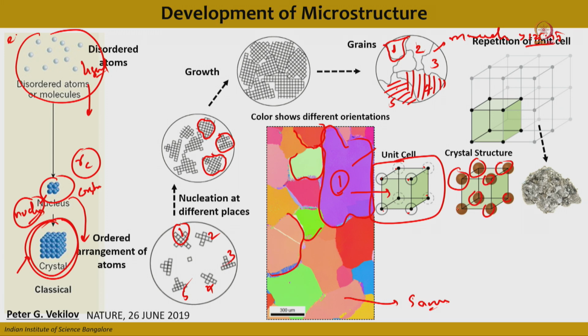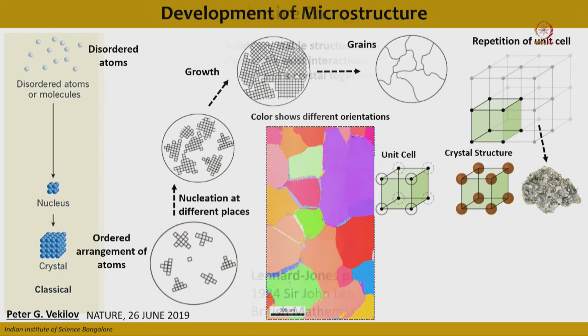And if these atoms are arranged in 3 dimensions, in all 3 directions, x, y and z, then you will develop a complete crystal or grain for that particular microstructure. So it is just a repetition of the unit cell with the atoms sitting at the lattice positions. Okay. So this is just a basic thing on how the microstructure develops, and in the coming slides you will understand why this is important for understanding the characterization techniques.